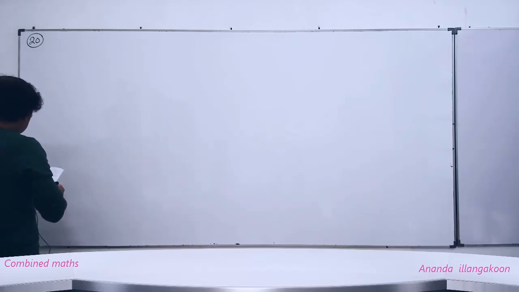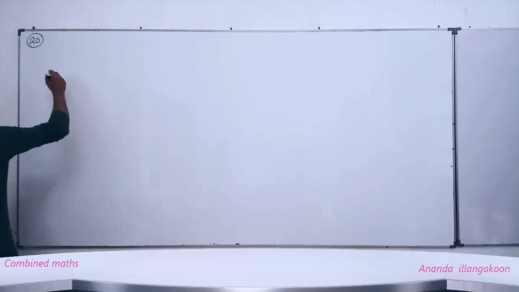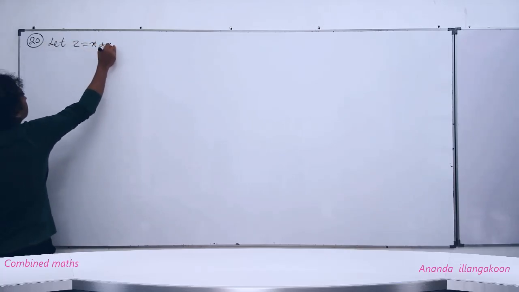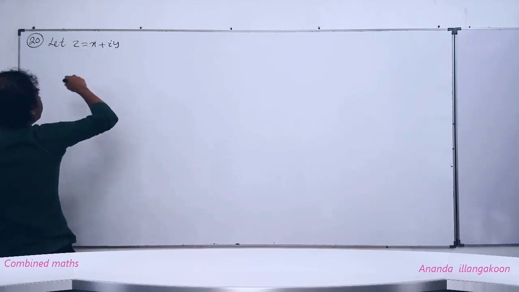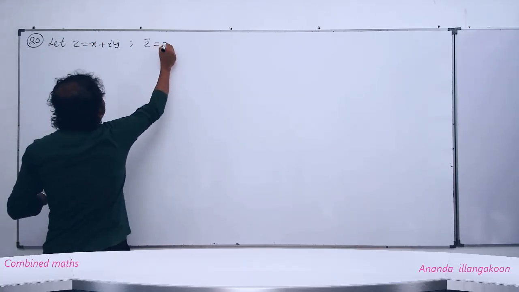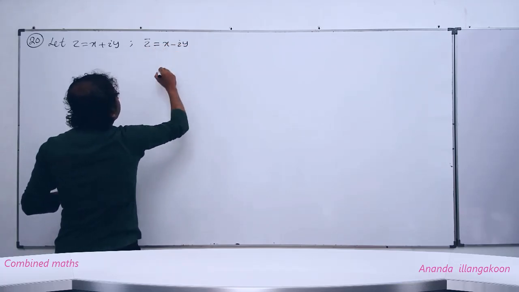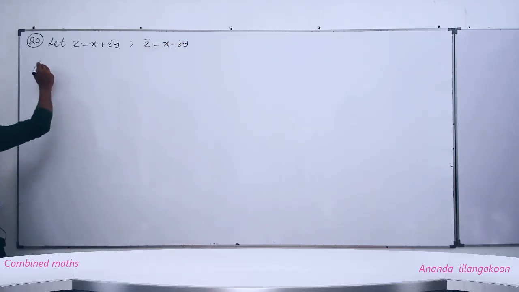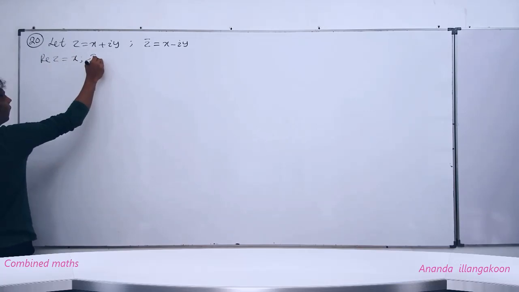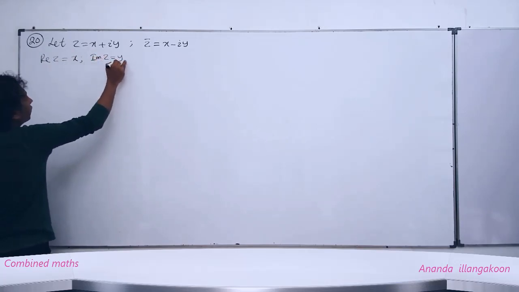Z be a complex number. Prove that. Right. We'll take this Z, let Z equals x plus iy. Then what is, people, Z bar? Z bar is equal to x minus iy. Then here, real part of Z is x, imaginary part of Z is y.